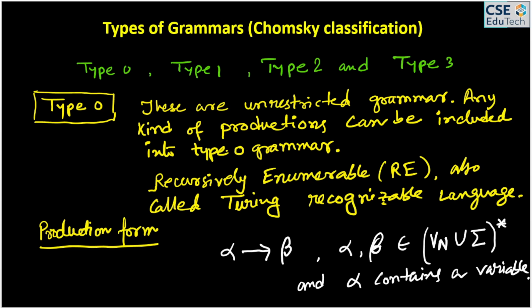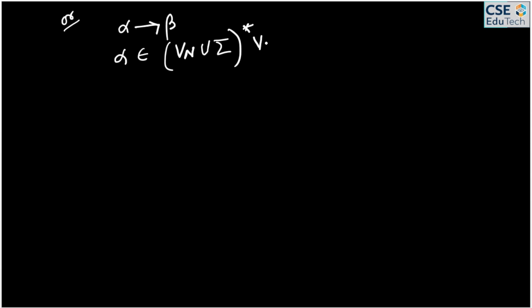Another way we can write it is alpha to beta, where alpha belongs to Vn, meaning non-terminal, union sigma star, then Vn again, union sigma star.